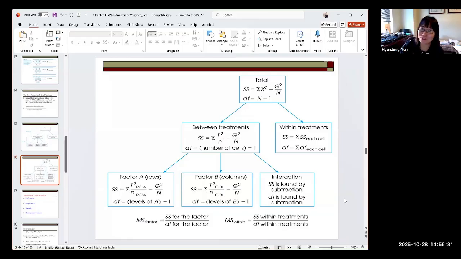That's how you find the degrees of freedom for the numerator for each main effect and the interaction. And of course, for the total variance, the degrees of freedom is the total sample size minus the number of cells, which is minus 6.